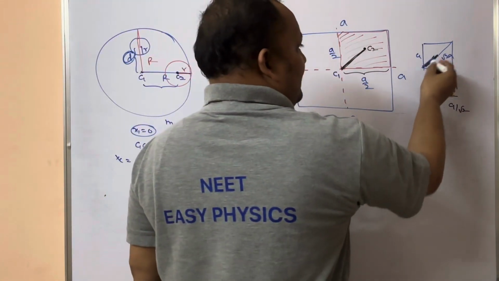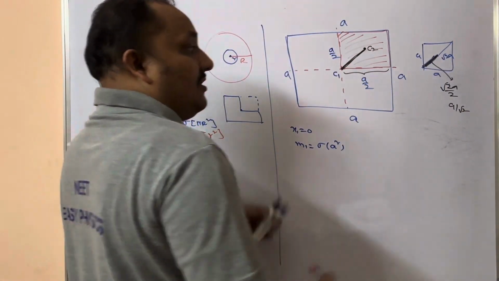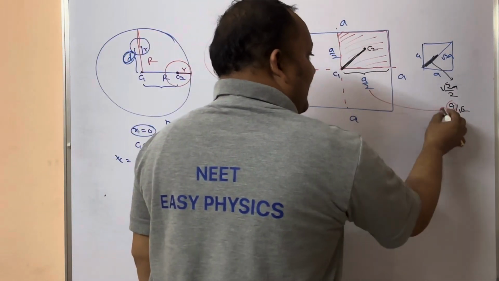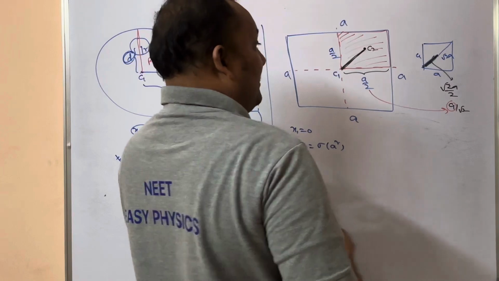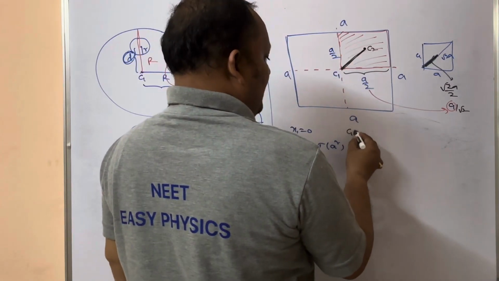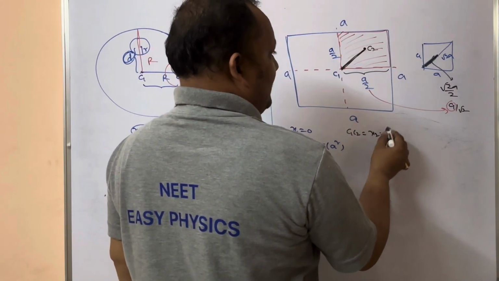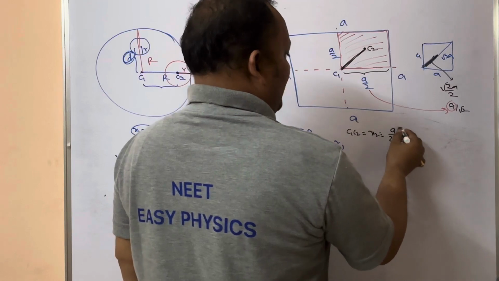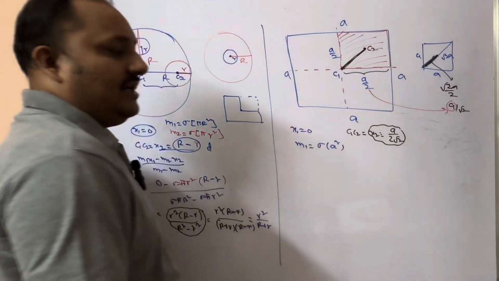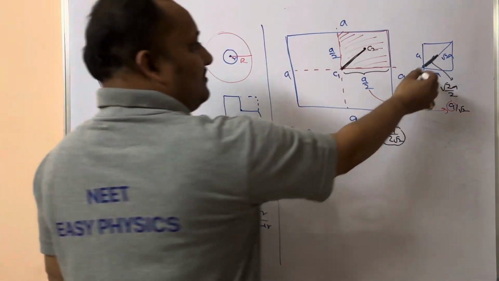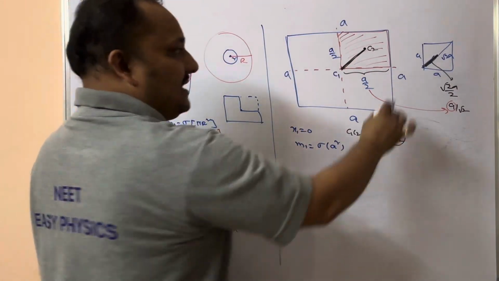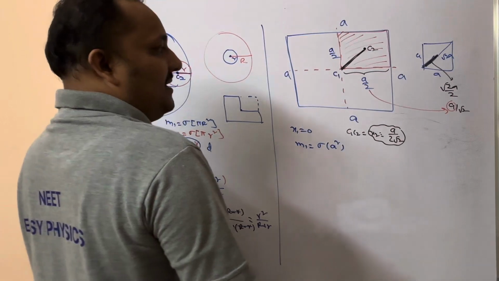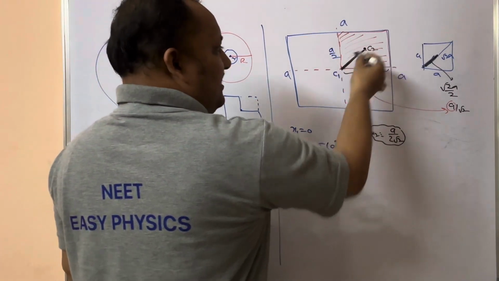Correct? This distance is going to be a by root 2. Now in place of a, how much is there here? a by 2. Therefore, this distance C1, C2, that is x2, is going to be a by 2 root 2. Correct? Understood? This one is related to mathematics. This is not physics. Okay? Mathematics related. So a by 2 root 2 is going to be C1, C2.